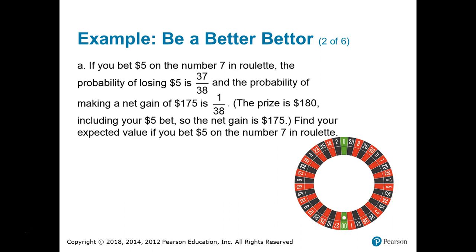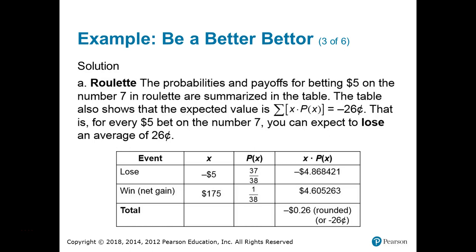Okay, so now we're taking into consideration the odds of losing and the odds of winning to determine what your average or your mean outcome is going to be if you play this infinite amount of times. So roulette, the probabilities and payouts for betting $5 on the number 7 are summarized in the table below.